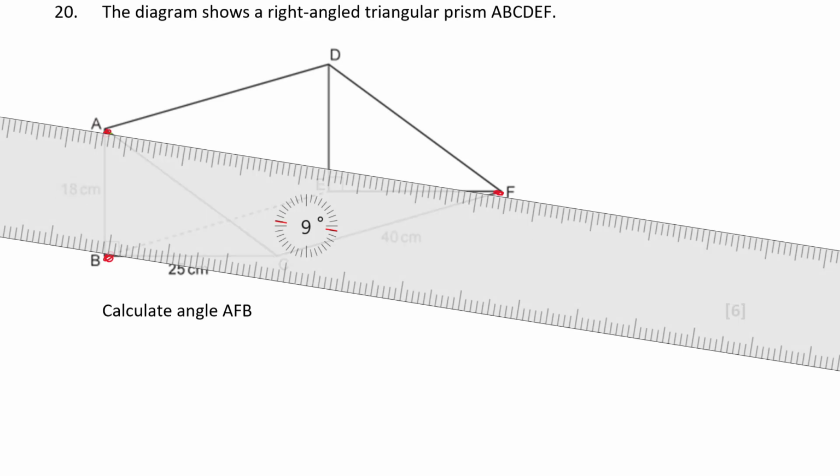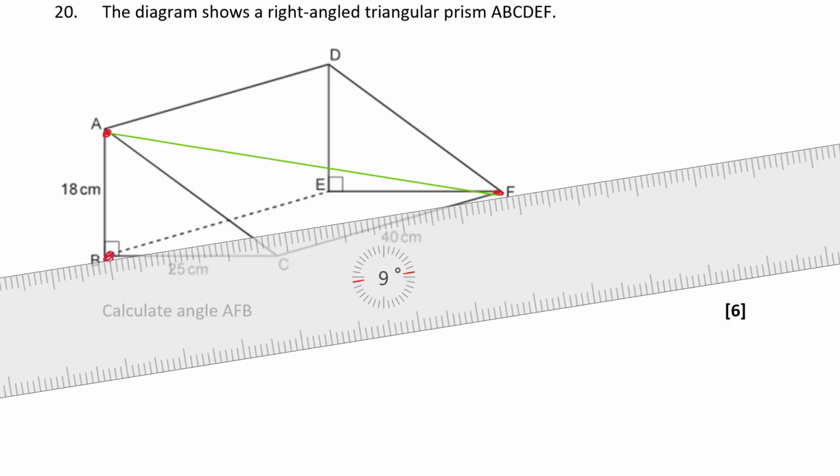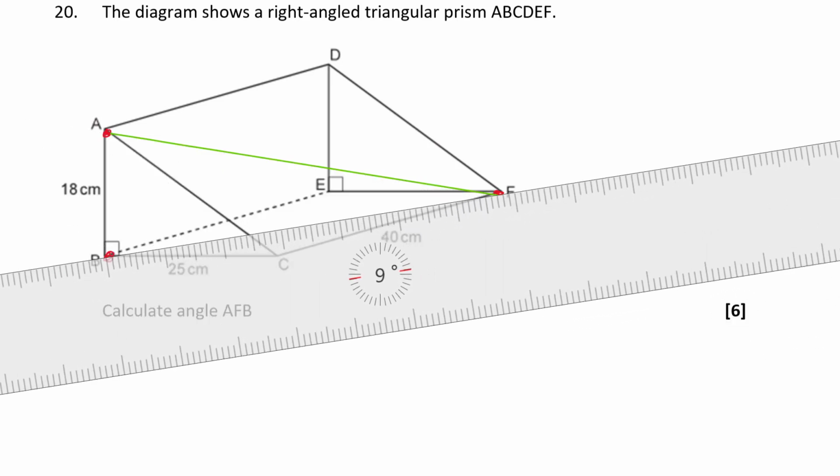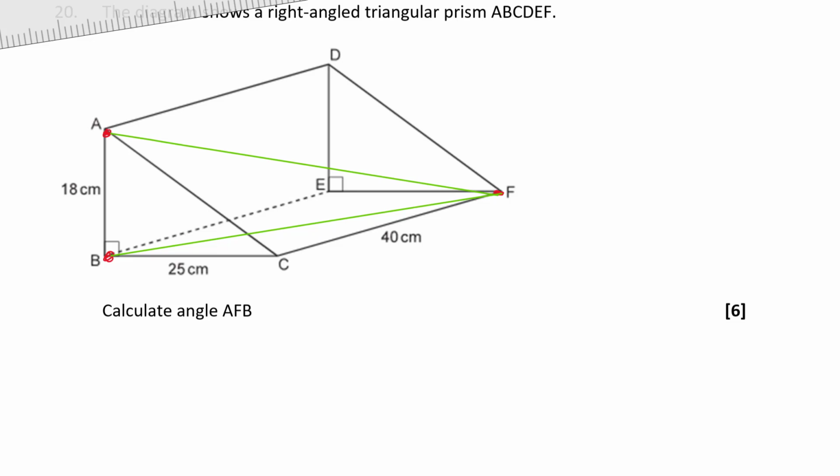Let's use green. Okay, just drawing those lines in. I need to find this angle down here, don't I? Which I'm going to call theta, for want of a better word.